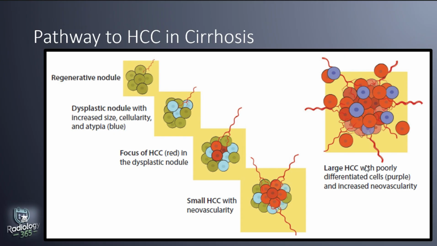The challenge on imaging is that these stages can look very similar, especially when comparing high-grade dysplastic nodules and well-differentiated hepatocellular carcinoma. Our role is to recognize key imaging clues that hint at malignant transformation early enough for effective intervention.